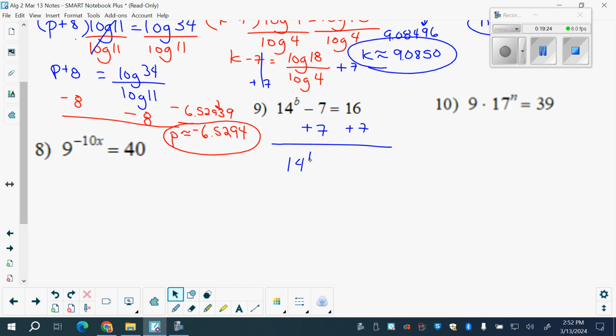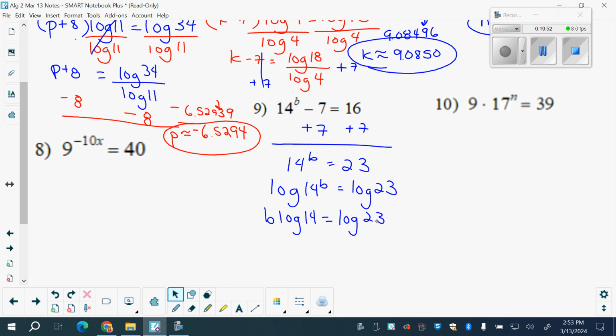So 14 to the b equals 23. And then what would we do next? Take the log of both sides. Log of 14 to the b equals the log of 23. And then move that exponent to the front. b log 14 is log 23.